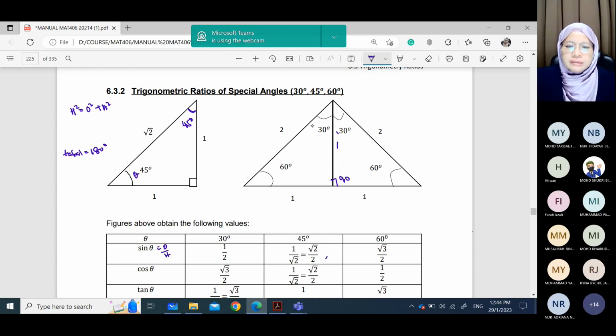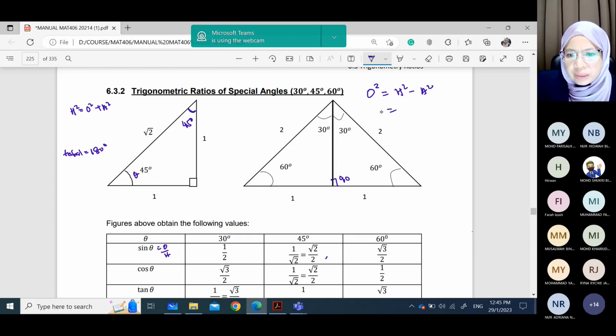Alright, untuk 60 degrees, this one is about root 3 over 2. Ini 1, 2. So side yang ini berapa? Kalau nak dapatkan opposite squared, opposite adalah h squared minus a squared.